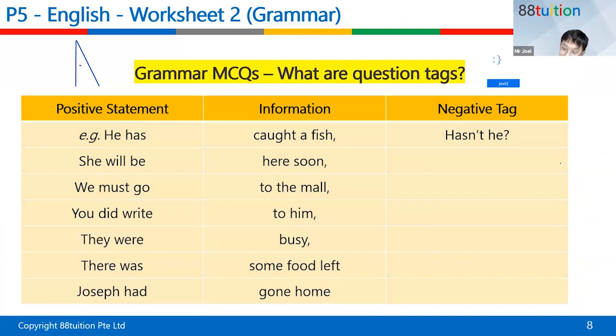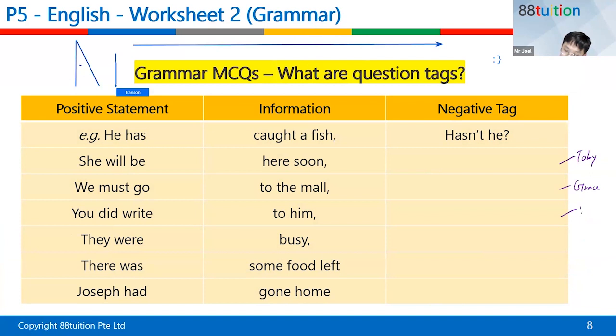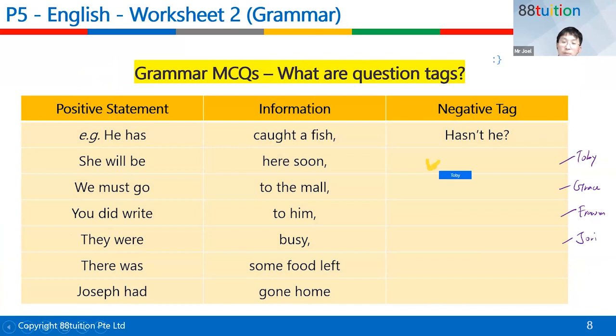So, Toby, Grace, Branson, Jovi. I like to call on the people who weren't very sure just now. Then I will call them. Yes, Callista. Callista wants to do it. Okay. Or do you want to go to the toilet? Oh, she wants to. Okay. Callista.